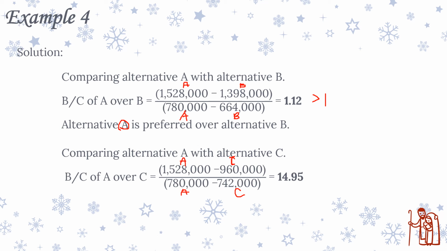Very big. It is a very big benefit cost ratio, class. Therefore, you may conclude that A is still preferable over C. So even though its annual cost is expensive, it has a big benefit, and its ratio passes, therefore you would go for alternative A.